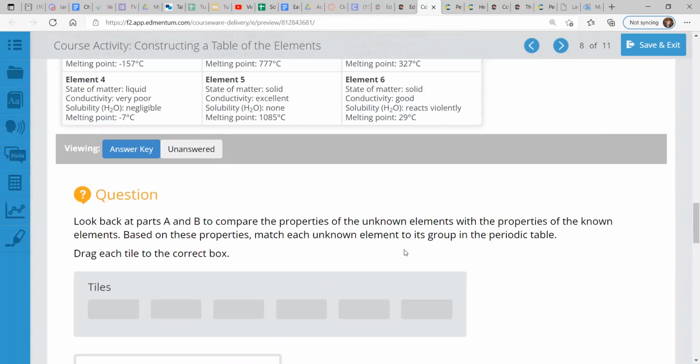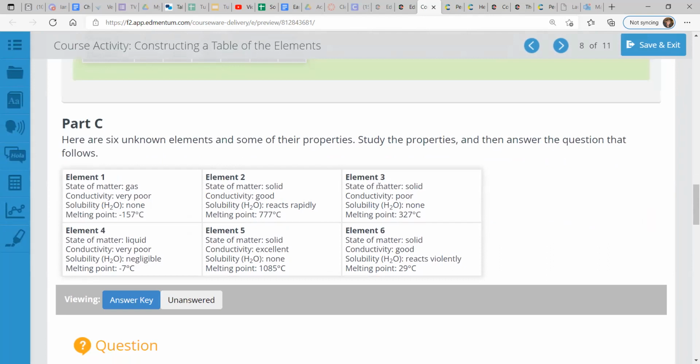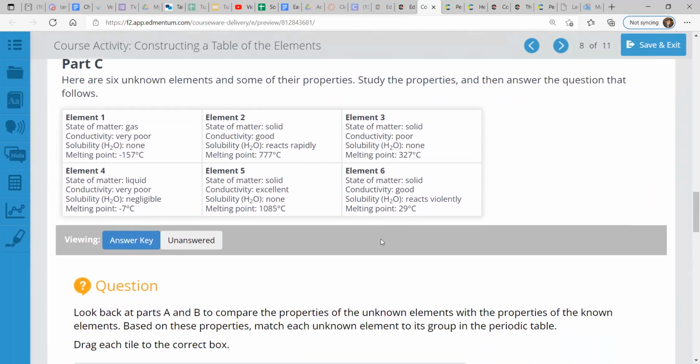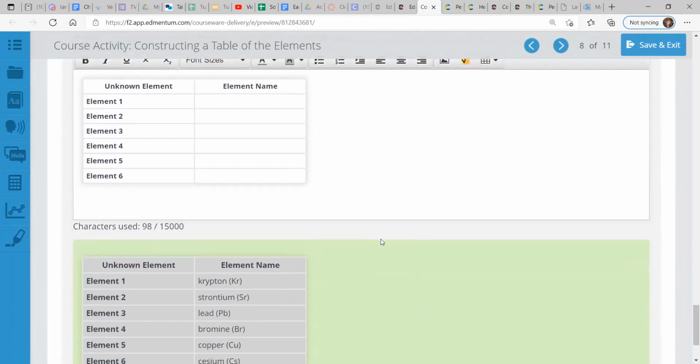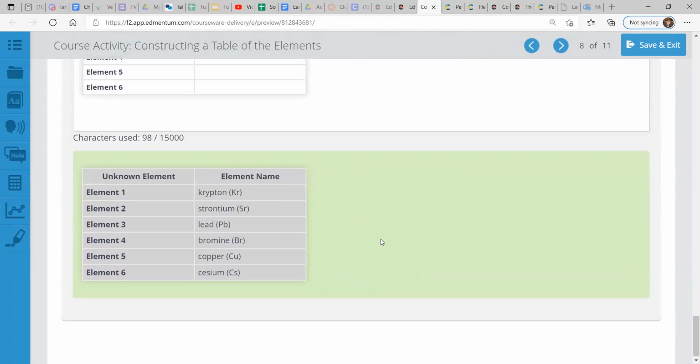Look for the state of matter, the conductivity, the melting point, that's really going to be key here. You will find these element names: krypton, strontium, lead, bromine, copper, and cesium.